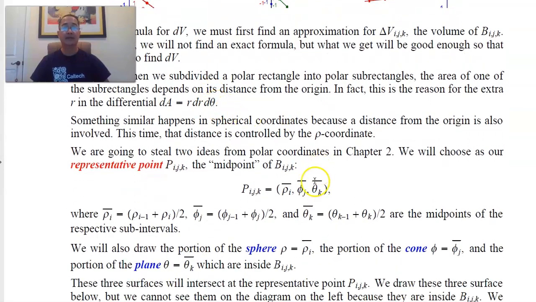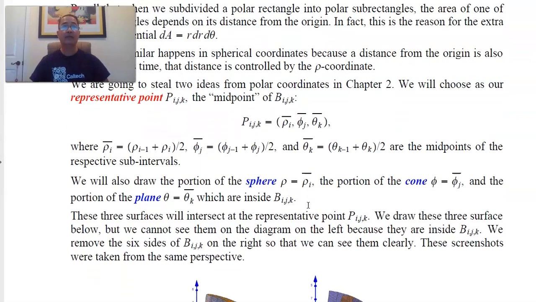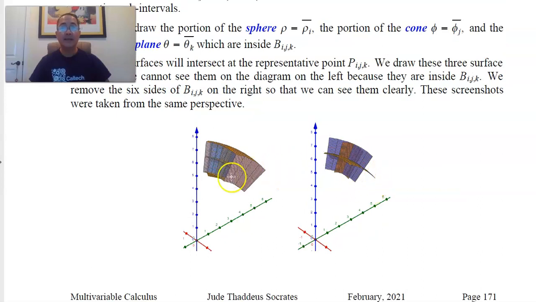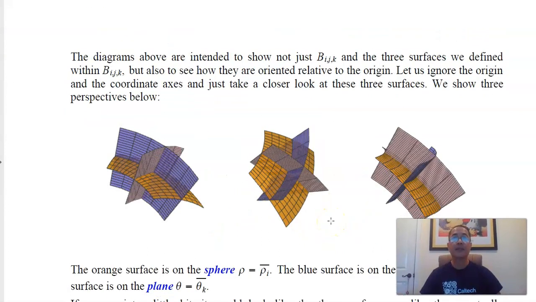So rho and phi and theta. They intersected at that one point in the middle. So that's what we had. We can see the three surfaces inside, which we expose over here by removing the outer surfaces.